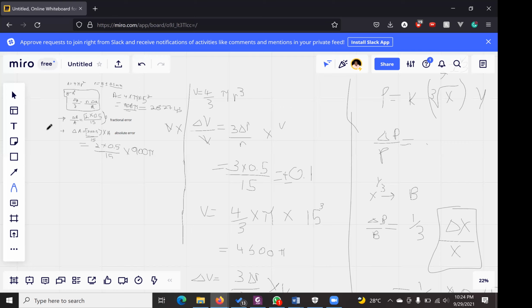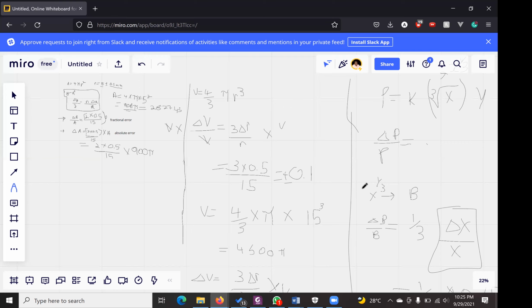Delta A over A would be the plus or minus error over the value. Delta A over A is the fractional error in what? The fractional error in A. So we're multiplying the power times the fractional error in A, right?